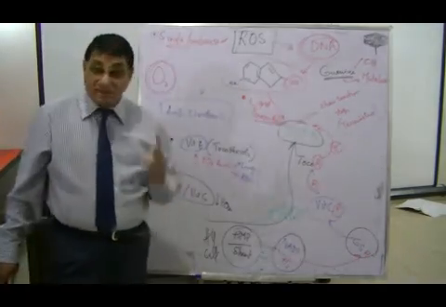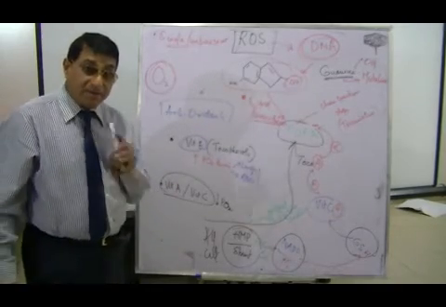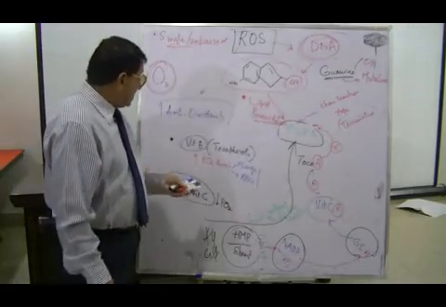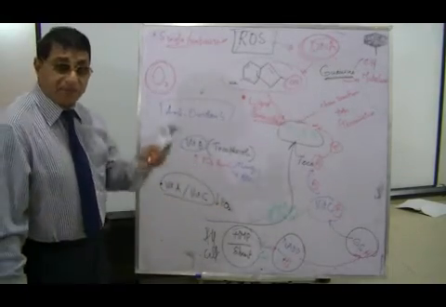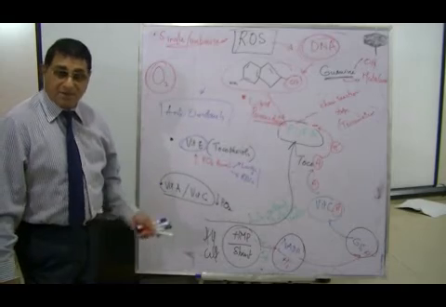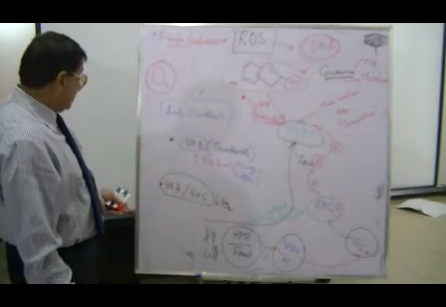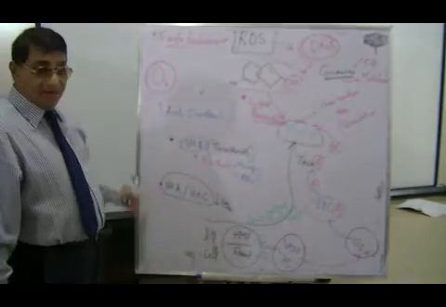Hypochlorous acid is another compound, called bleach, and it is formed, as I showed you previously, by the enzyme myeloperoxidase. It also helps in killing the bacteria. So all these are involved in antibacterial activity.